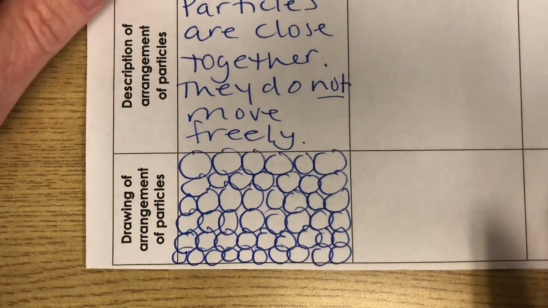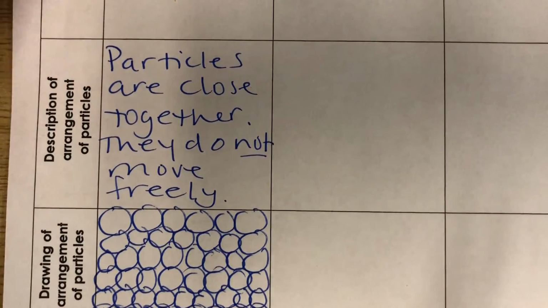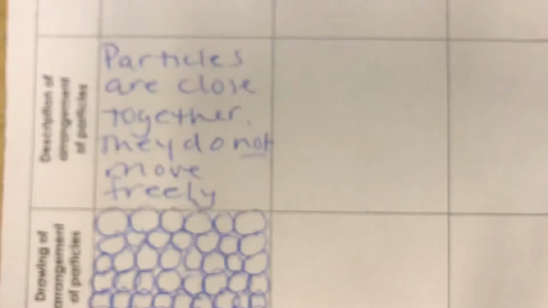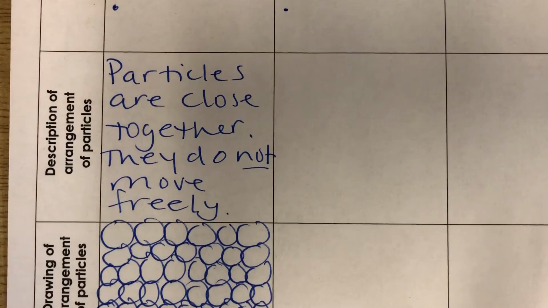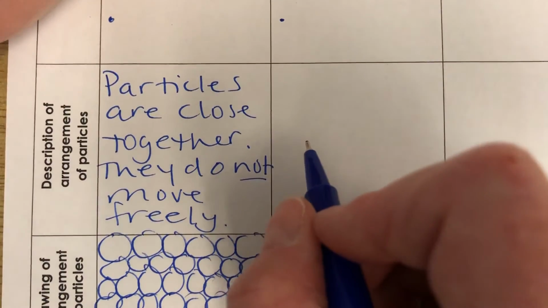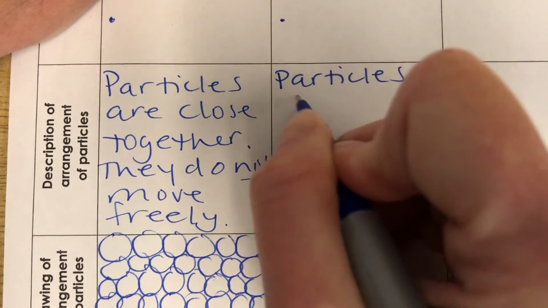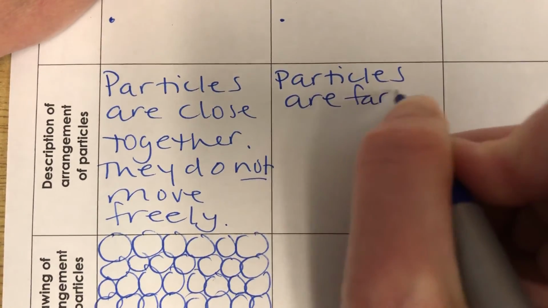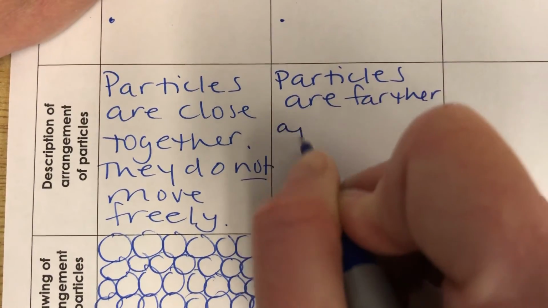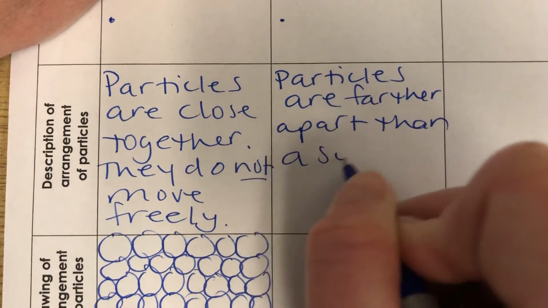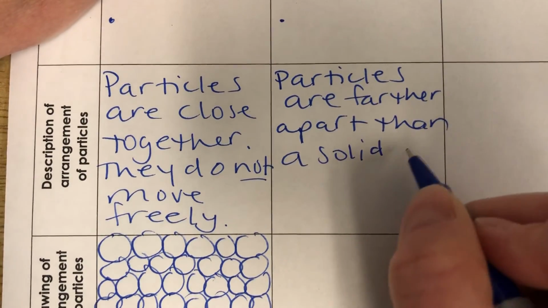Liquid's a little bit different. If I put this stapler into a container, it's not going to take the shape of its container, right? Those particles are so close together that they don't lose their shape. In a liquid, the particles are farther apart than a solid, and they move more freely.